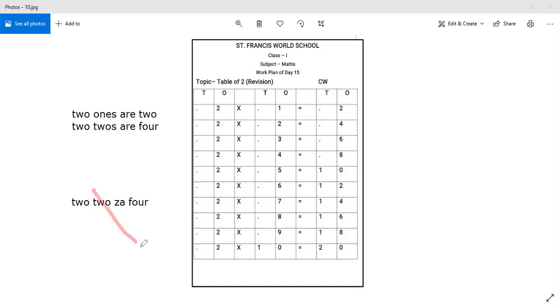Remember this. If you speak like that, you will not be speaking in the correct form. So remember to speak your table like this: 2 ones are 2. See, when we speak in a hurry, it sounds like this: 2 twos are. But actually, it is not. So keep learning. Do practice.